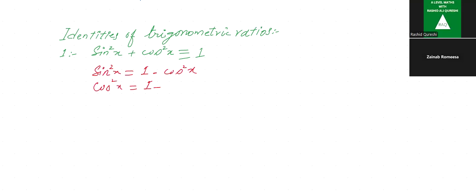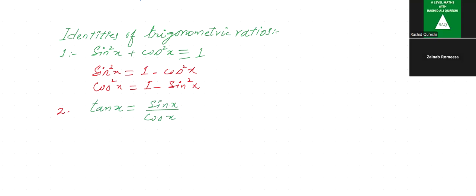The second result is very, very important. Tan of a trigonometric angle is always equal to the sine of that angle divided by the cosine of that angle. These two results we already did in the previous class, AS level.